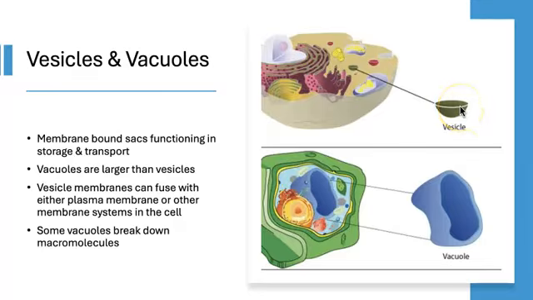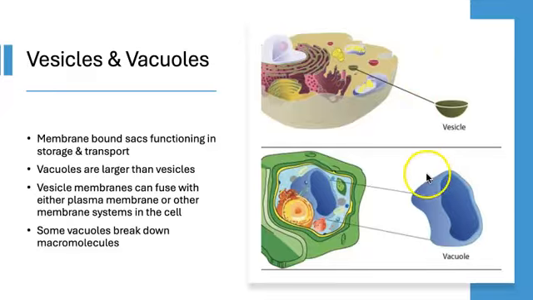And the vesicle membranes can fuse with either a plasma membrane, okay, out here, or other membrane systems in the cell. So we're going to see this when we talk about the Golgi apparatus, for instance, when we're able to take something like a protein and put it in a vesicle and ship it somewhere else in the cell or out of the cell.